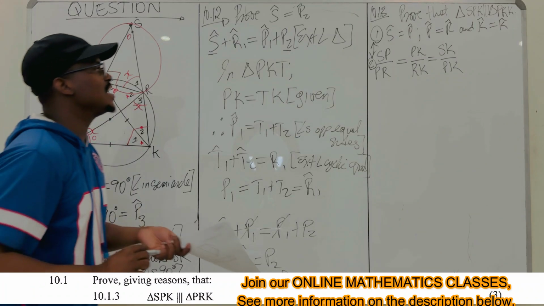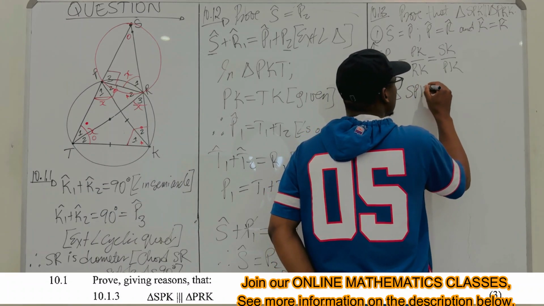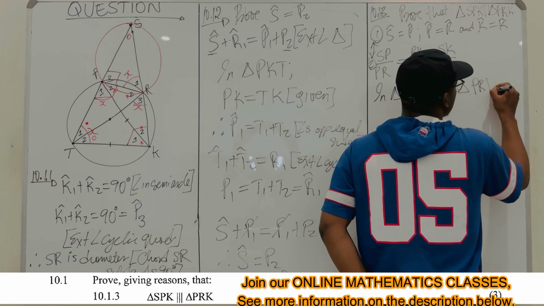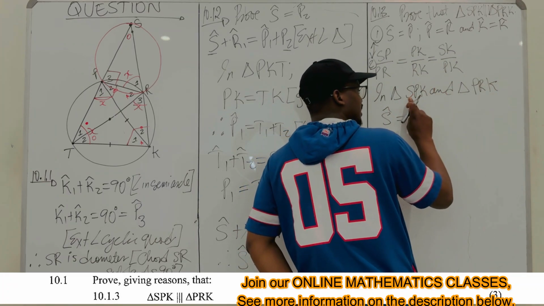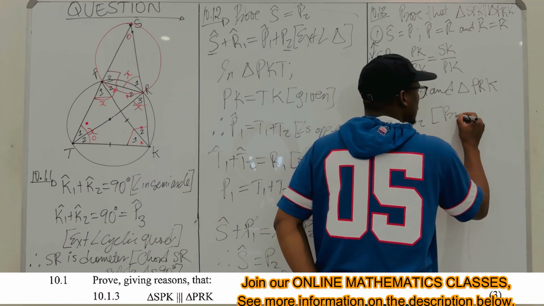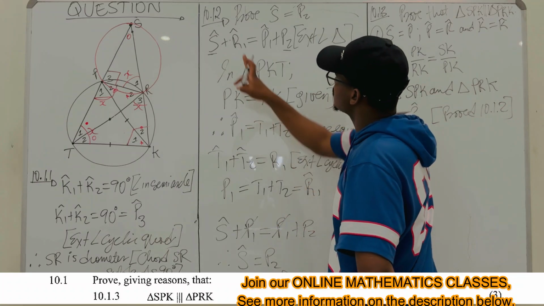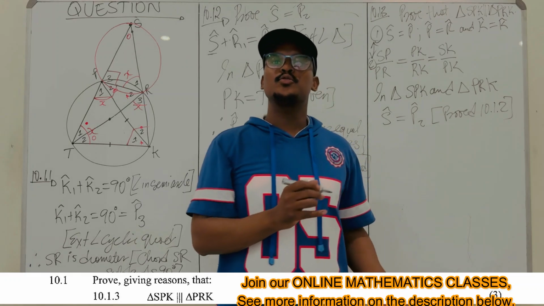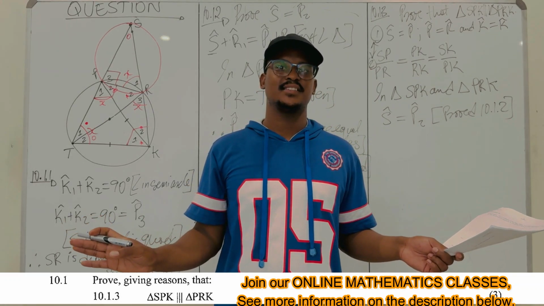So we can say in triangle SPK and triangle PRK, angle S is equal to angle P2, because we proved this already at 10.1.2, on the second question. Fine. Now, if we can find the other two angles that are going to be equal, then we are done with this.